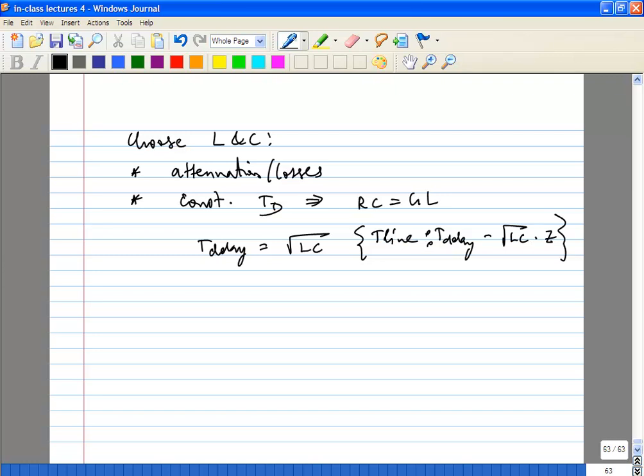If you had the original transmission line with per unit quantities, as you go along the distance, where the length is Z, your delay is root LC times Z. In this case, if you use lumped elements, it will be root LC.